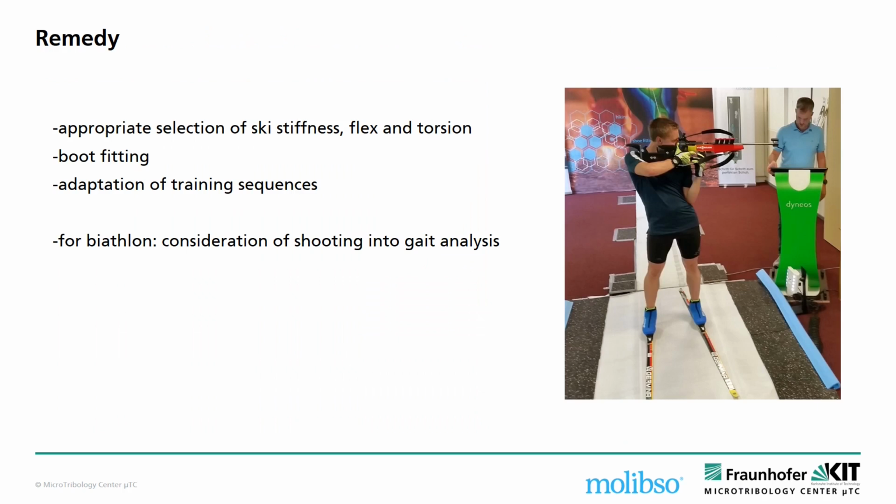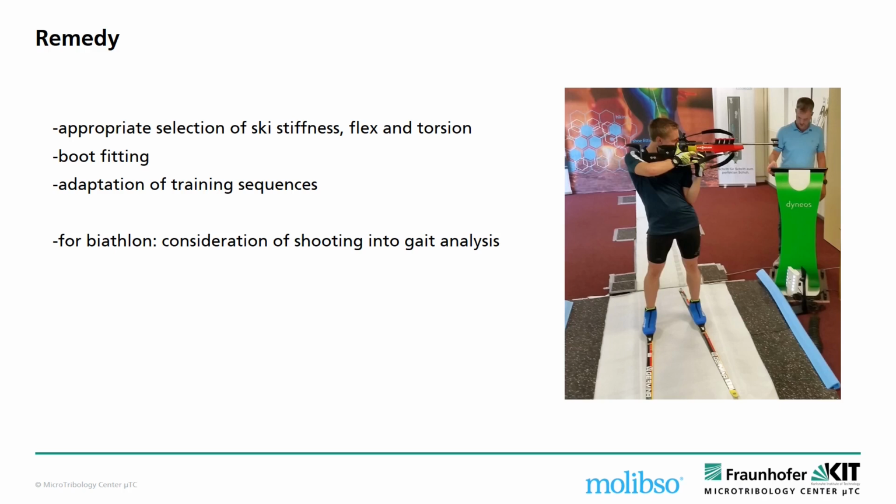What can we do against this? We can help to find the right selection of ski in terms of stiffness, flex, and torsion. We can send the athlete to a boot fitter. It must be a professional one. Maybe the boot fitter brings some more space for his left foot into the boot as a pain reliever.